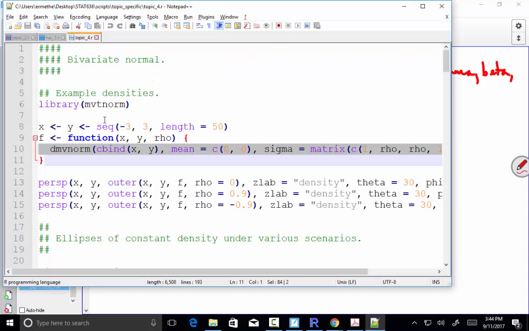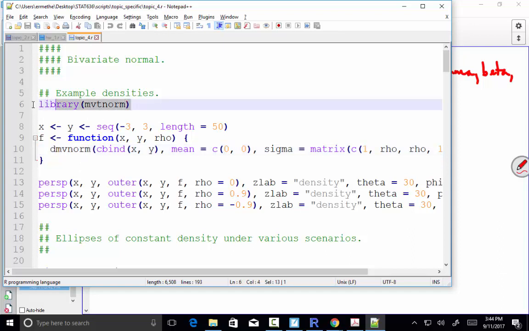So over here, there is a function called mvnorm. It's located in a specialized package. I'll say something about that in a second. But once you have that package loaded in, you have access to a bunch of mvnorm functions. And there's an r, a d, a p, and a q.